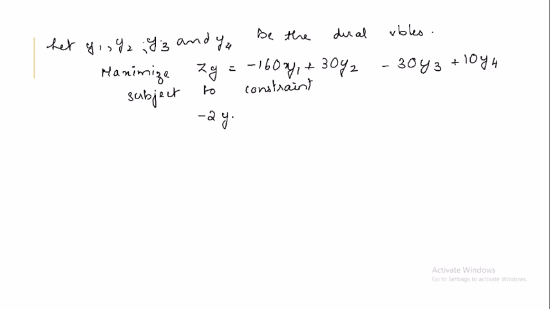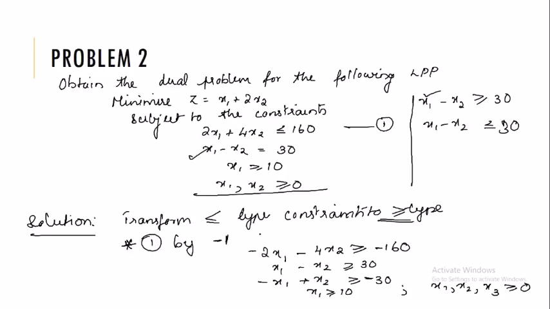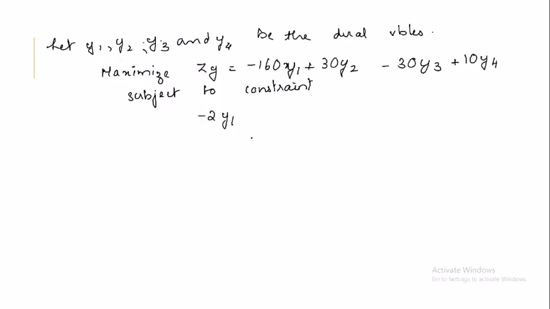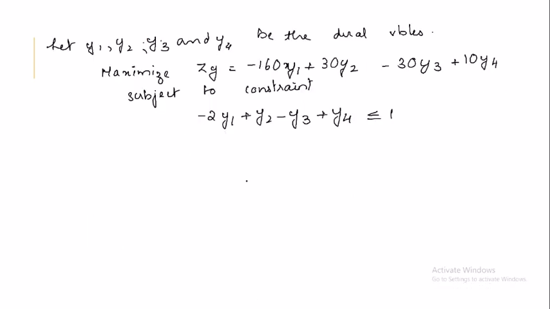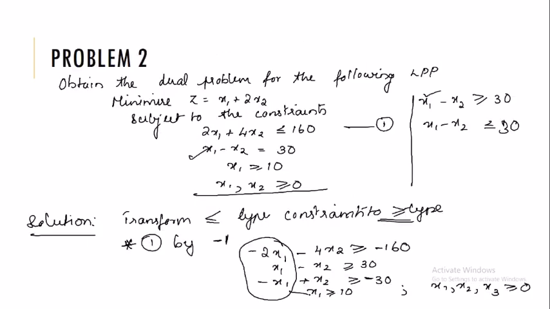minus 2y1. So what I have done over here is I have taken this into consideration first. So minus 2y1 plus y2 minus y3 plus y4 is less than or equal to 1, right? Oh, sorry, I should take this one also.